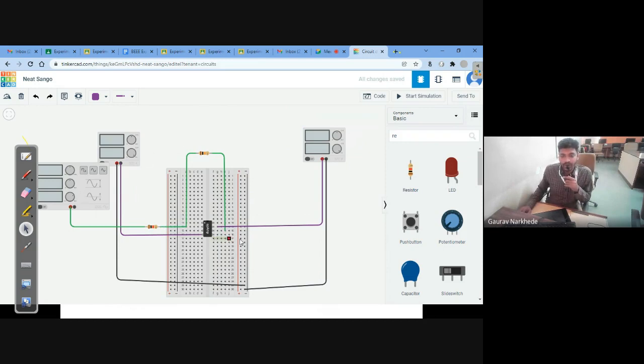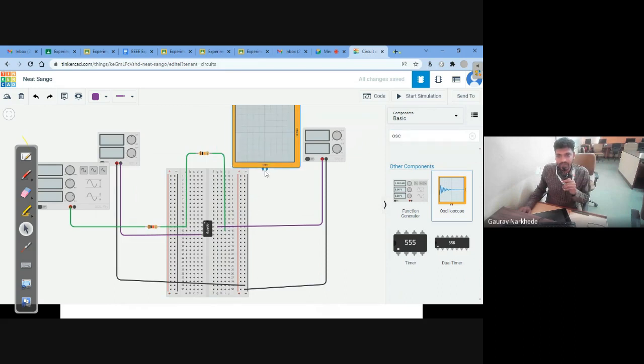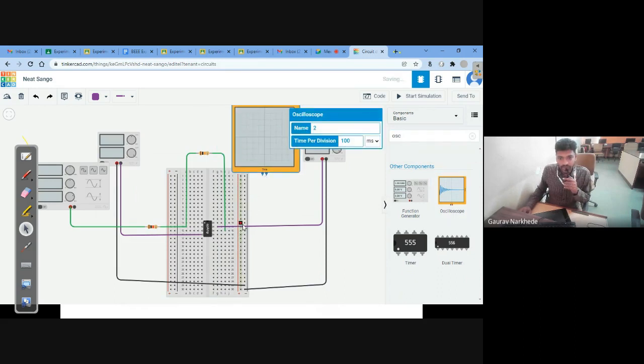Then let me give some input voltage. Where can we find the output? We can get the output either on an oscilloscope or on a multimeter. So I will use another oscilloscope so that I can view it properly on the scope.